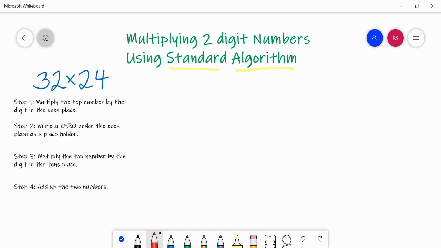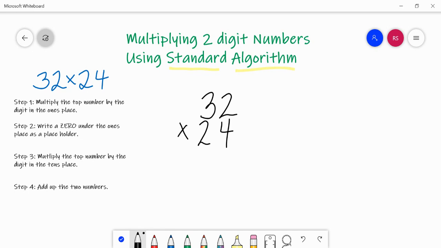So if I have 32 times 24, I prefer to put the bigger number on top, but it's really up to you, because when we're multiplying numbers, it doesn't really matter what order we put them in, right? If 4 times 2 is 8, we can also say 2 times 4 is 8. So same thing here. Doesn't really matter which number we put on top. I just prefer to put the bigger number. So I have 32 and 24 stacked on top of each other, lined up using place value.